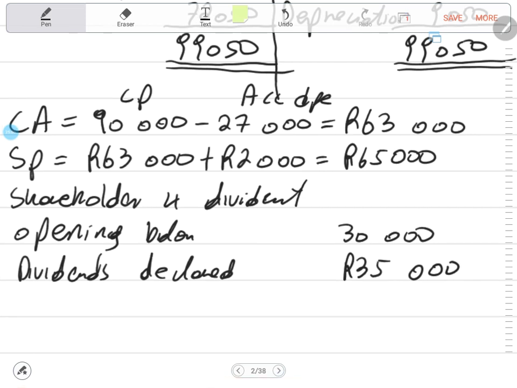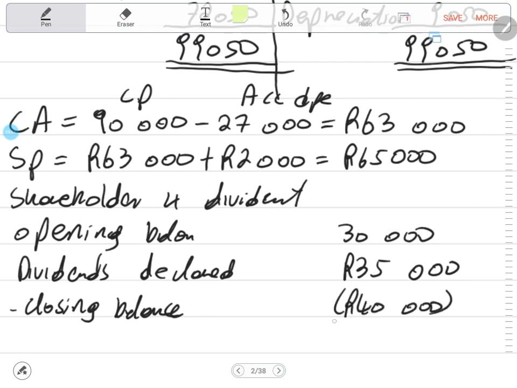Opening plus declared minus closing balance. Closing balance is 40,000 rands. So the difference will be dividends paid.